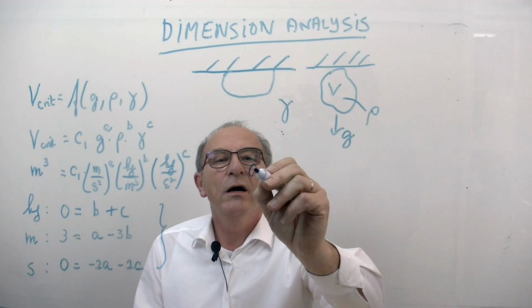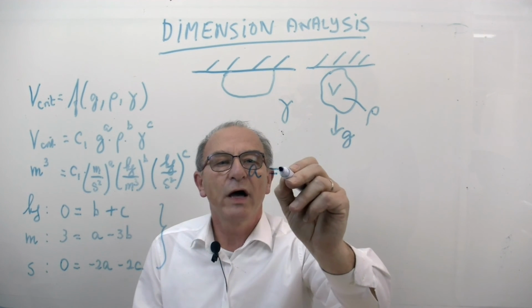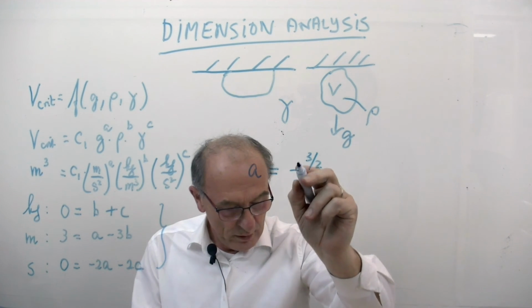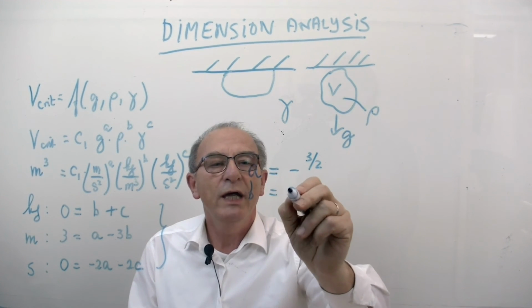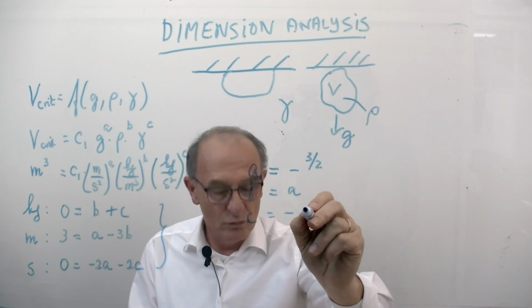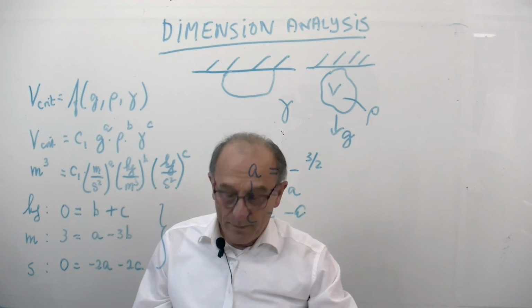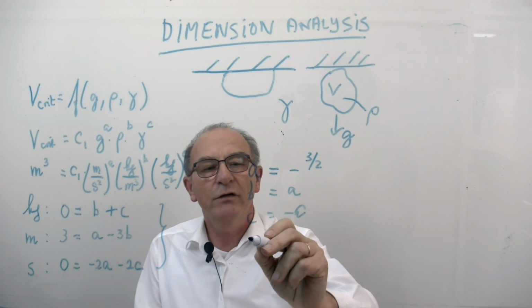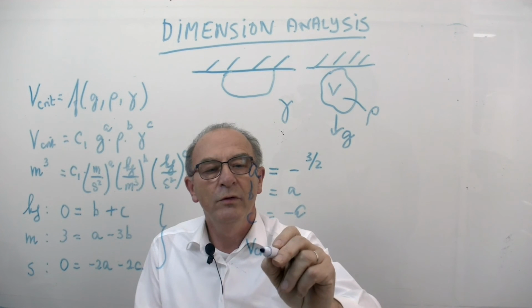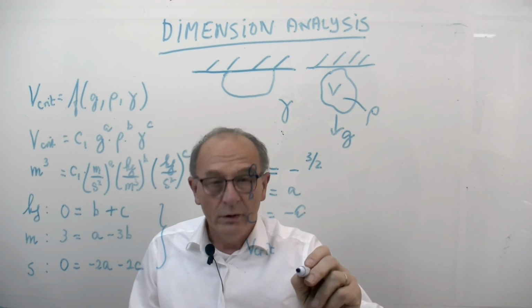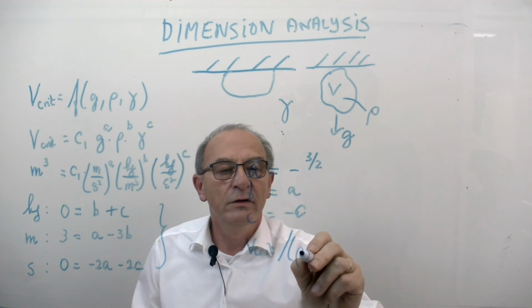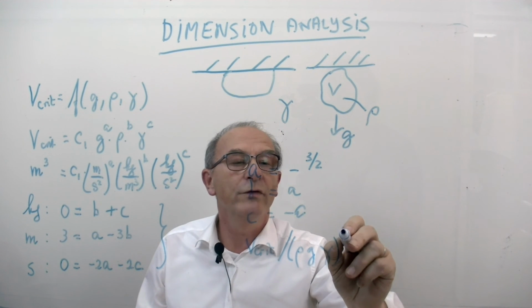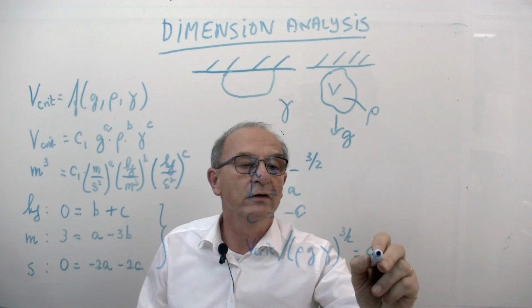If you derive it in the right way, A in this case is minus 3 to the power 2, B is equal to A, and C is equal to minus A. And if you substitute it into this equation, you get the following dimensionless group: critical volume divided by the density, the gravity constant, and the surface tension, to the power 2, is constant.